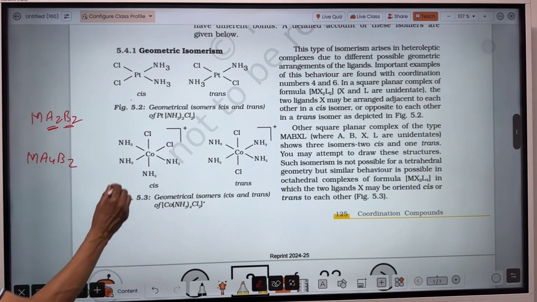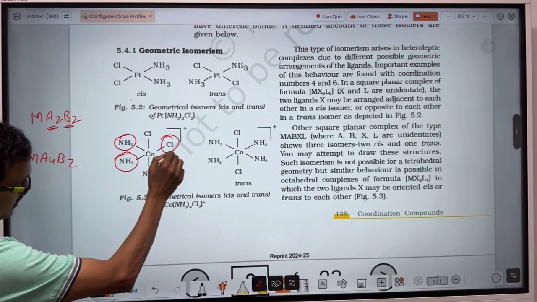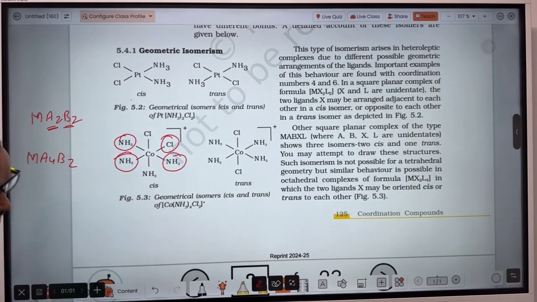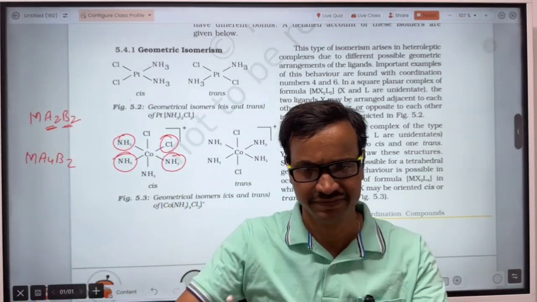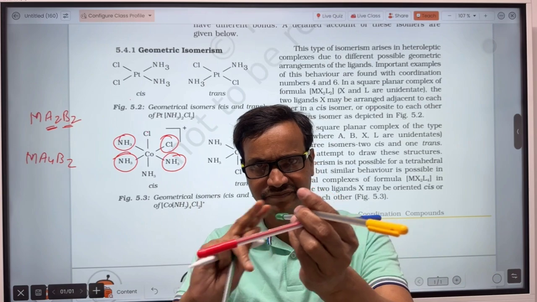Listen, what actually is here: this ammonia is on the same plane. This chlorine and this ammonia are on the same plane. Like the cobalt atom here, this one here, this one and this one.